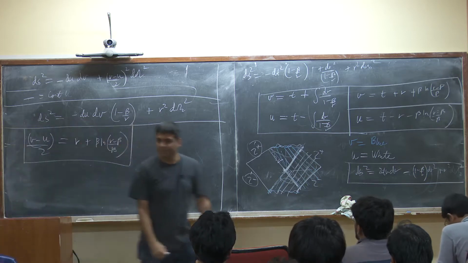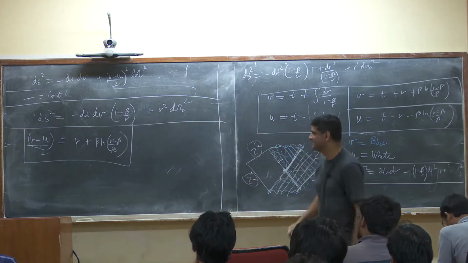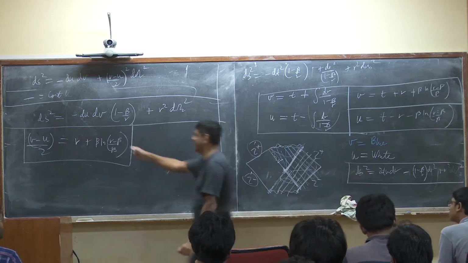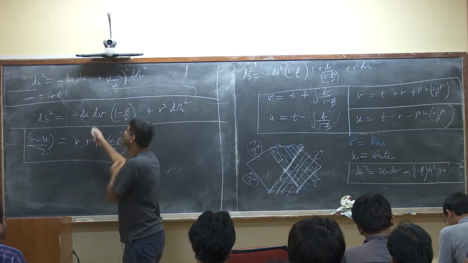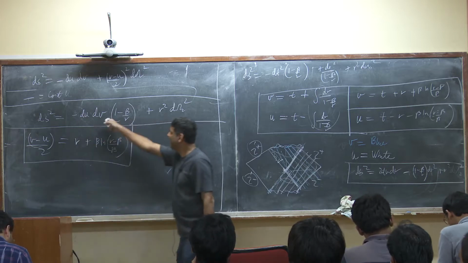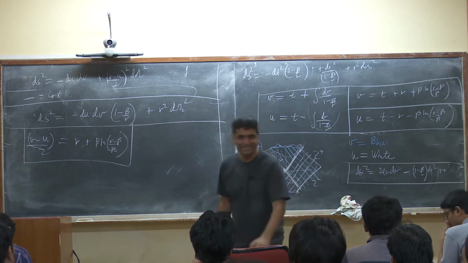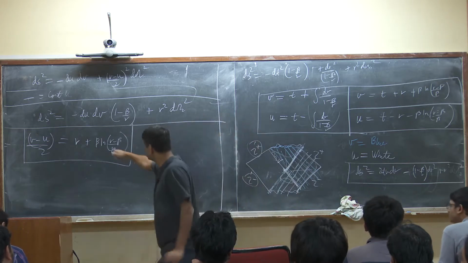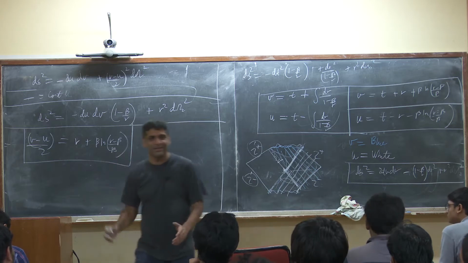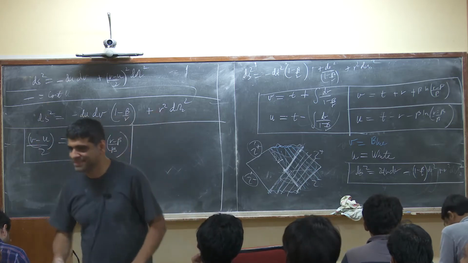This equation implicitly defines what r is. You have to solve this equation and substitute r equal to some function of u and v into that metric. Then we've got a complete metric. Now it's an unpleasant equation to solve. We're not going to do it. Just imagine you've done it. This equation defines r.